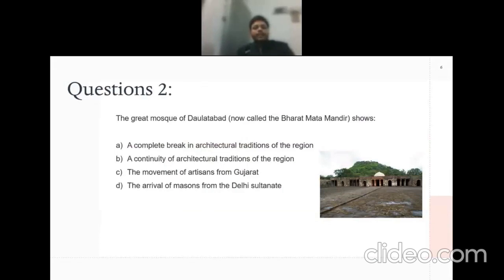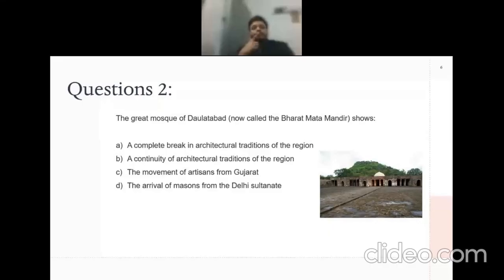Now question number 2: the Great Mosque of Daulatabad, which is now called Bharat Mata Mandir, shows what architectural features? The options: A, complete break in architectural traditions of the region; B, continuity of the architectural tradition of the region; C, movement of artisans from Gujarat; or D, arrival of masons from the Delhi Sultanate.